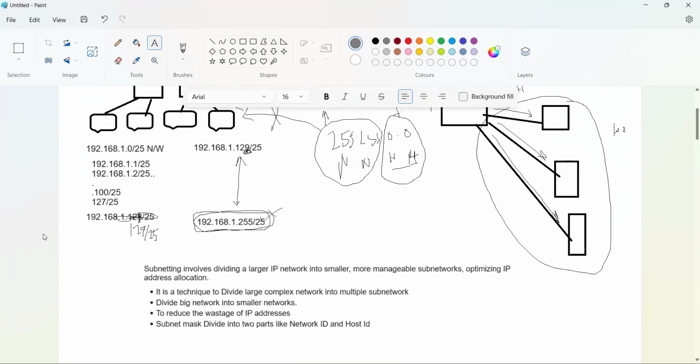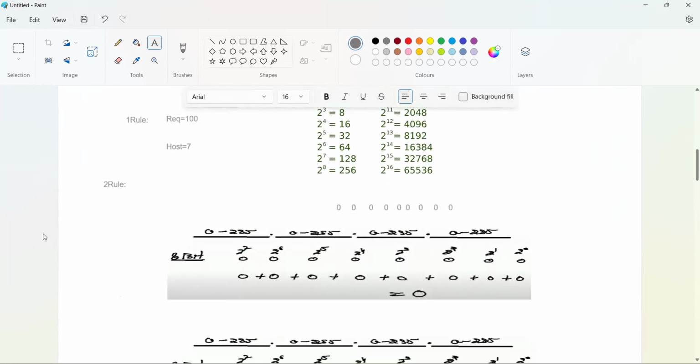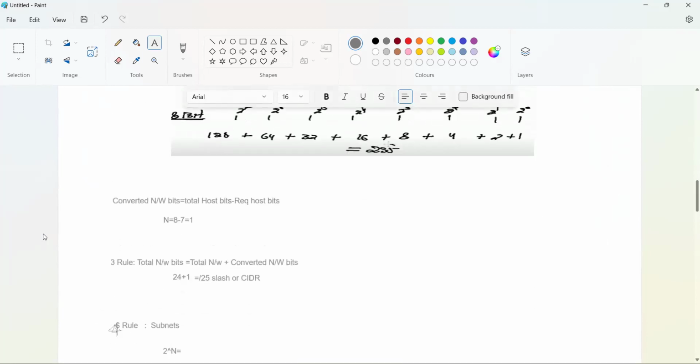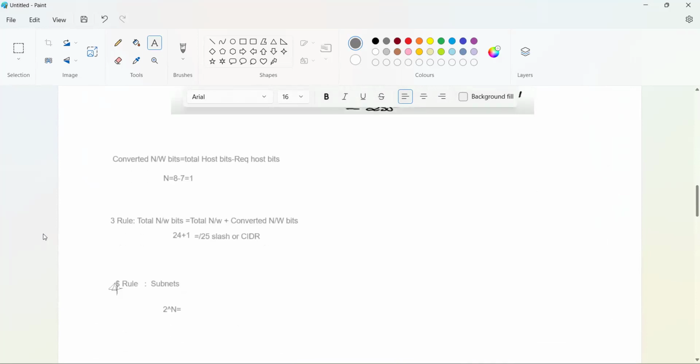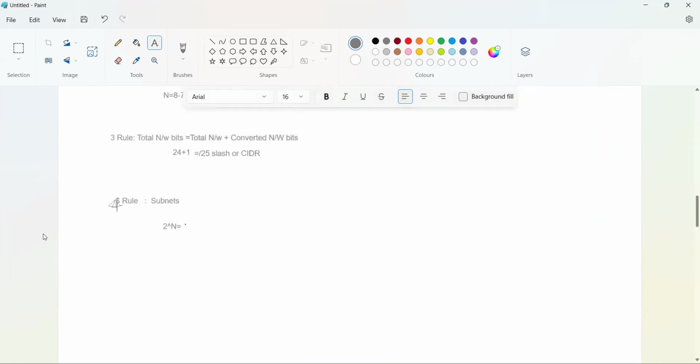Just check what we discussed here. Our network portion is converted, network portion is 1. How? Total host bits and our required host bits. That I did, then I got a value of 1, that is our network value.